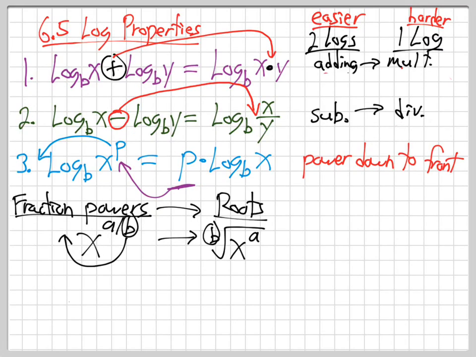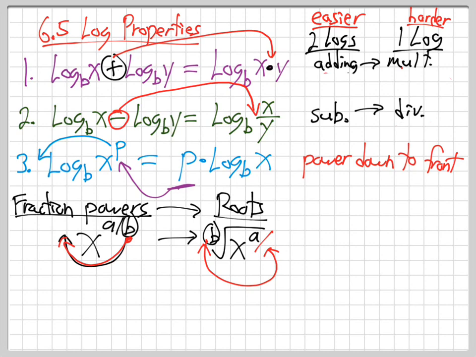Well, remember this property back here. When you have a fractional power, the denominator can swing into the hook, or the hook can go back to the denominator. Either way. In other words, those are two ways to say the same thing. It's kind of like me saying one or uno. I'm saying the same number in two different languages.